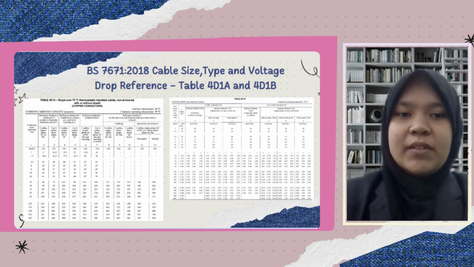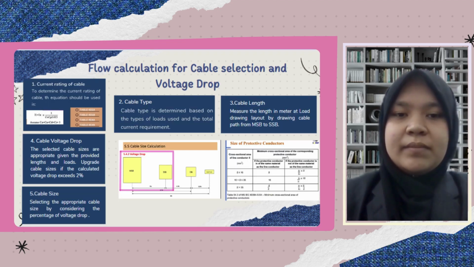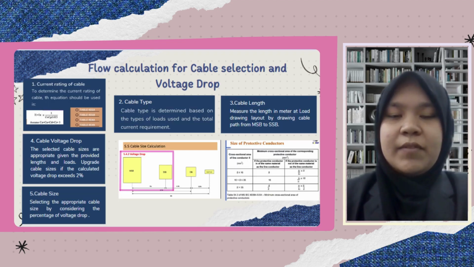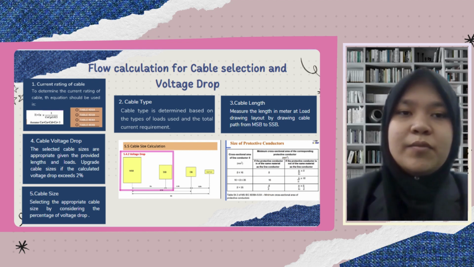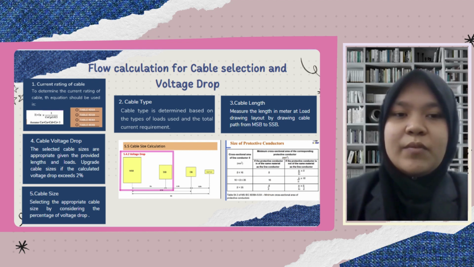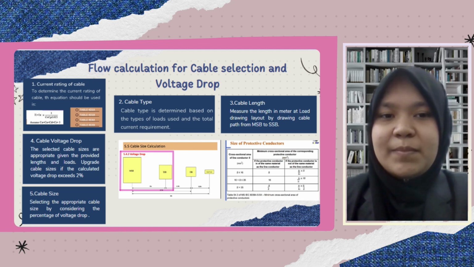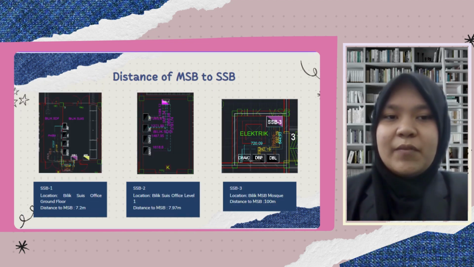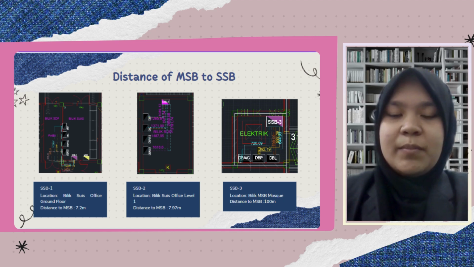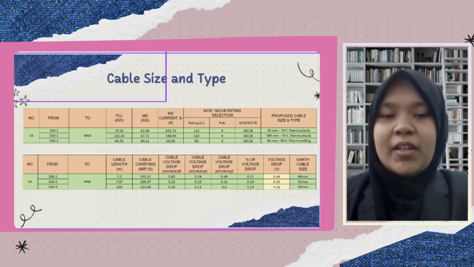The size of cable and protective conductor is determined when the voltage drop is less than 2%. The type of cable selected for SSB1 and SSB2 is PVC, while thermosetting type was chosen for SSB3 due to the 100 meters distance from SSB3 to MSB, so we decided on an underground installation for the cable. The cable size for all SSB is as shown.